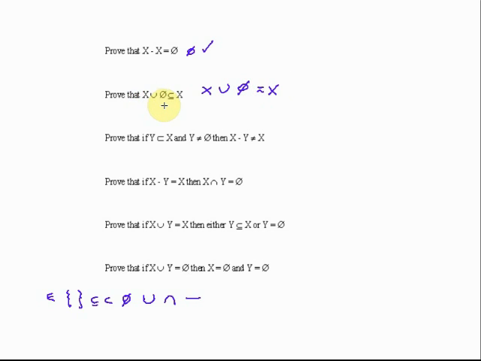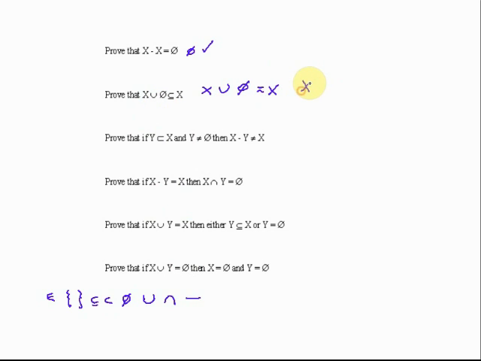So now we are asked to show effectively that X is a subset of itself. Well, any set is a subset of another by this understanding of a subset if the other contains everything which it contains.